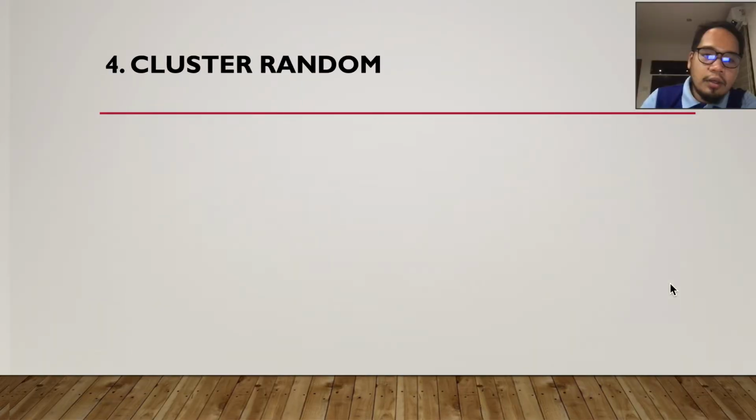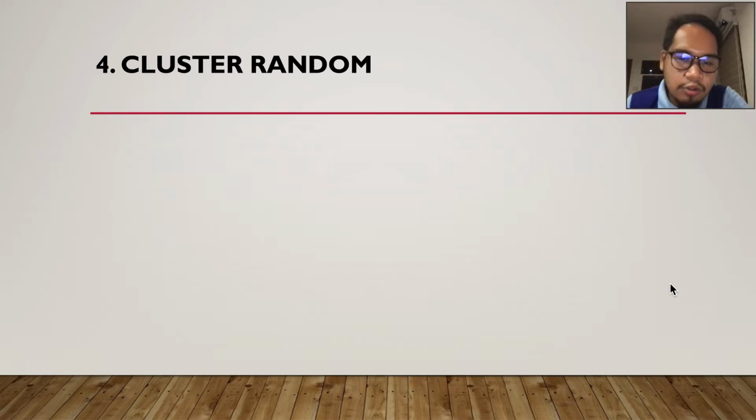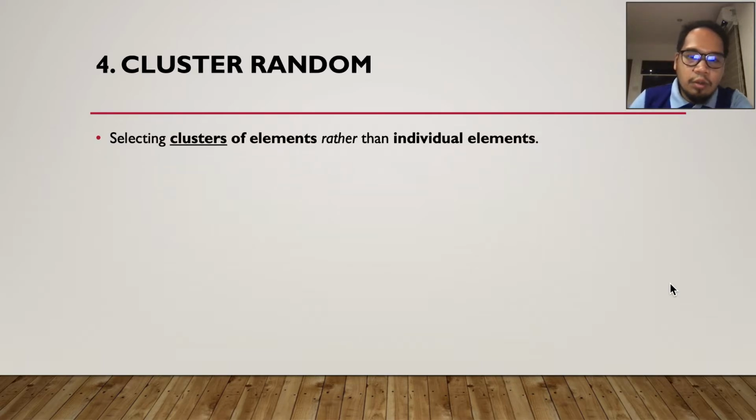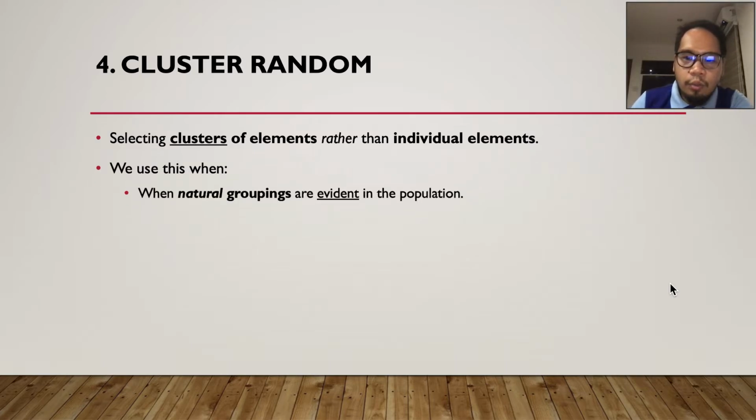Now, for the cluster random sampling, in some books they call this also area sampling because in most cases, though not all the time, when we do cluster sampling, we talk about a geographical area. So this is selecting clusters of elements rather than individual elements. We use this usually when there are natural groupings that are evident in the population.